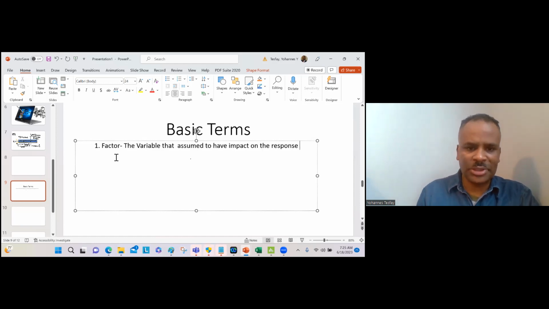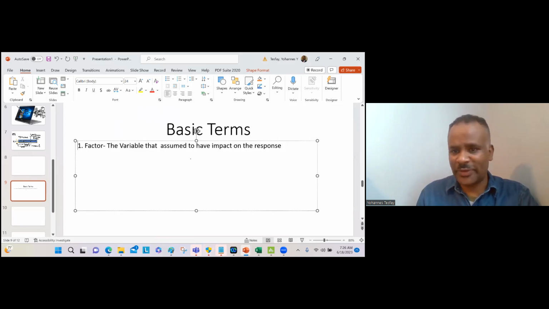You see, this is what a factor is. In the examples we saw earlier, temperature is a factor, you see, temperature is a factor, resistance is a factor, pressure is a factor, and the others are also factors. That's one.